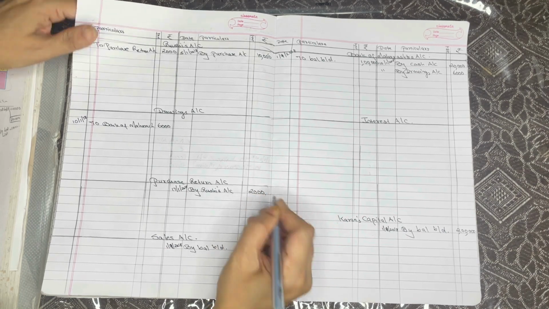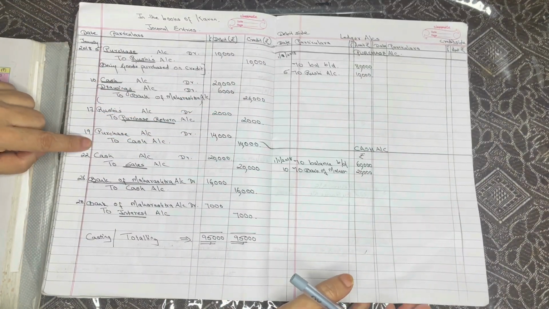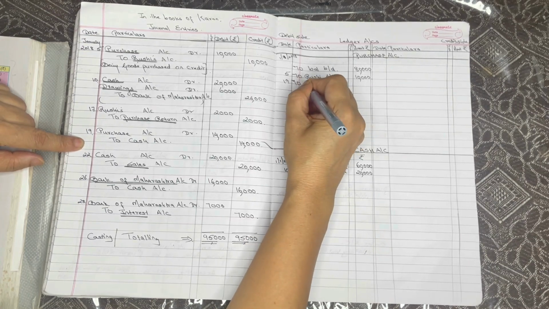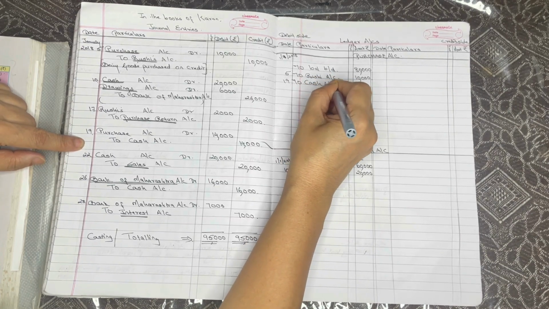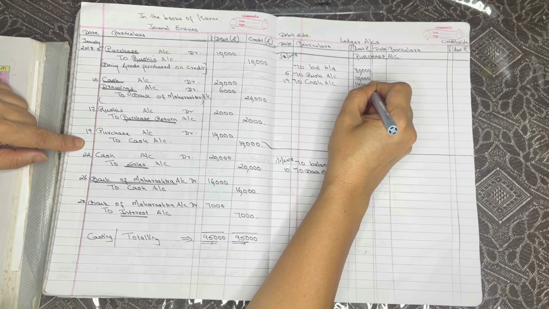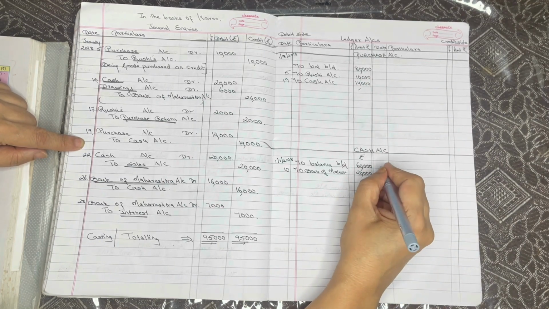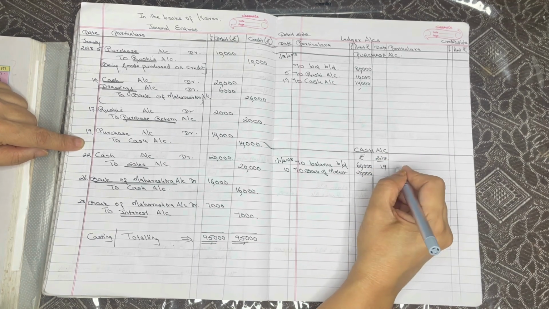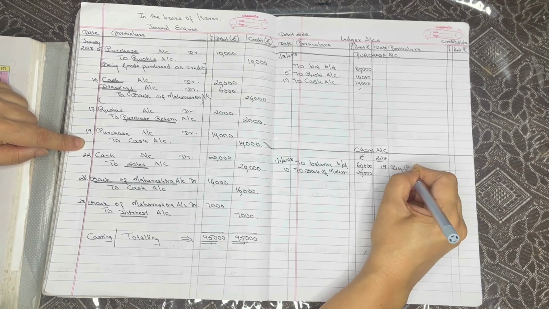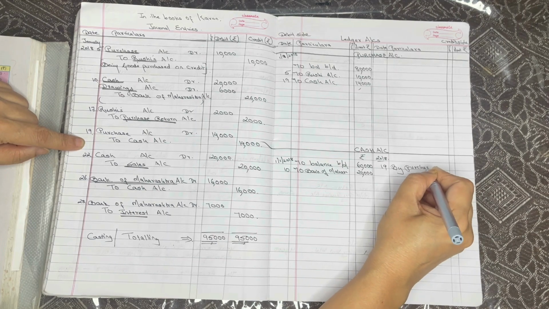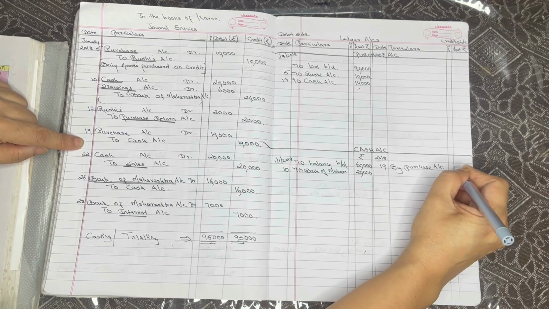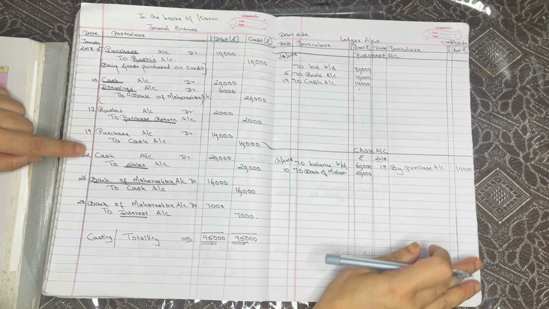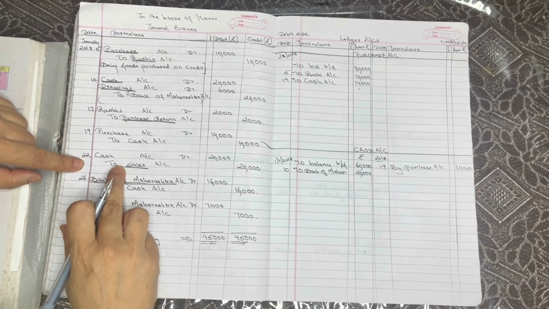2000. Okay. Next journal entry is purchase account debit to cash. So 19th to cash account 14,000, and in the cash account 19th Jan 2018 you will write by purchase account 14,000. Done. Debit effect, credit effect. Now next journal entry is cash account debit to sales.